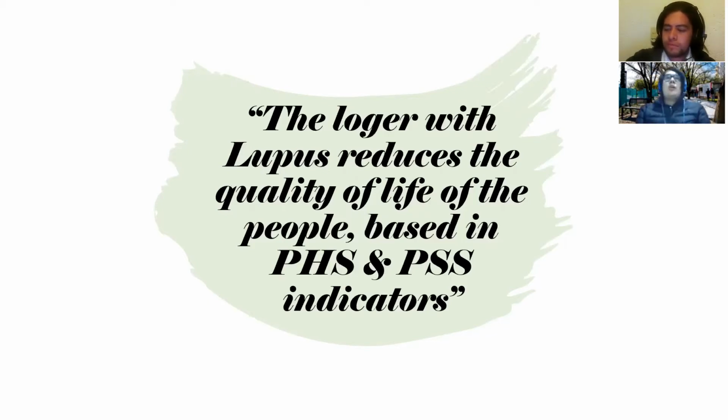The idea of this hypothesis is that if the person has lupus, the value of PHS, which is focused on the physical part of the person, and PSS, which is focused on the psychological part of the person, have improved or decreased, and how this impacts the patient.